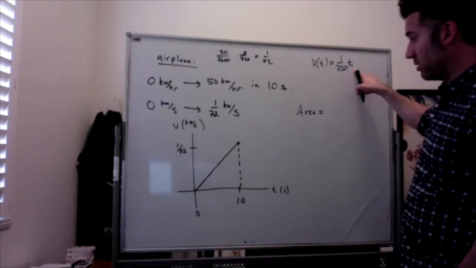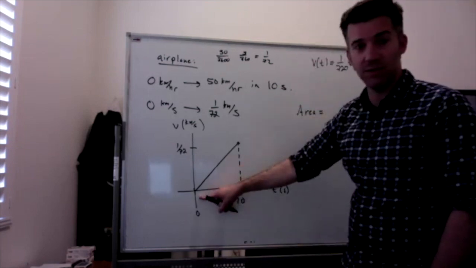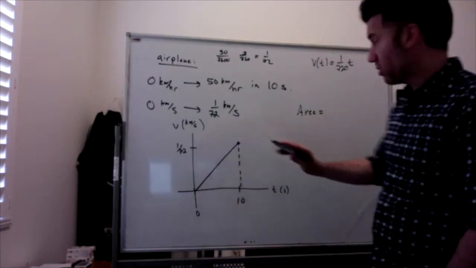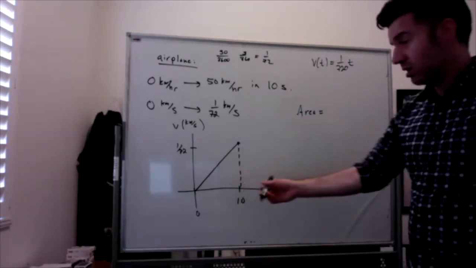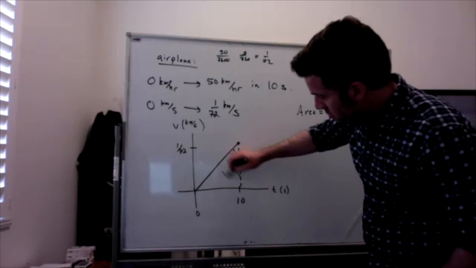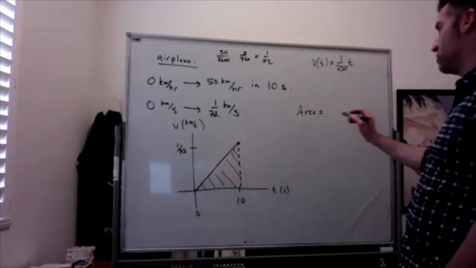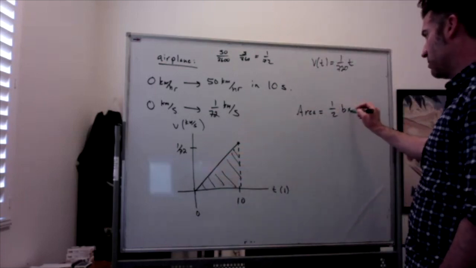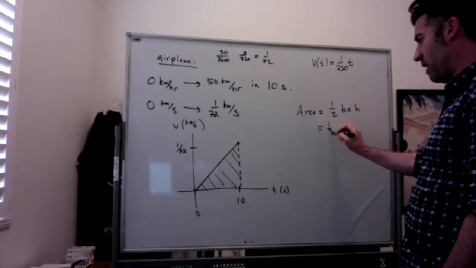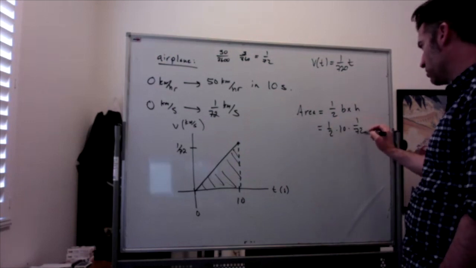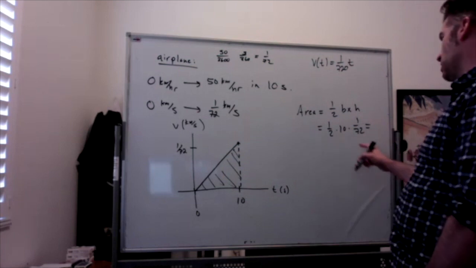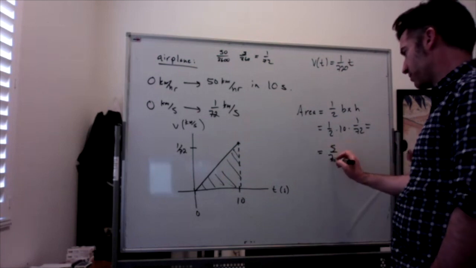So when t equals 0, you get 0. When t equals 10, you get 1 over 72. If I want to find the area, you could just use the area of this triangle: 1/2 base times height, which is 1/2 times 10 times 1 over 72, which is 5 over 72.